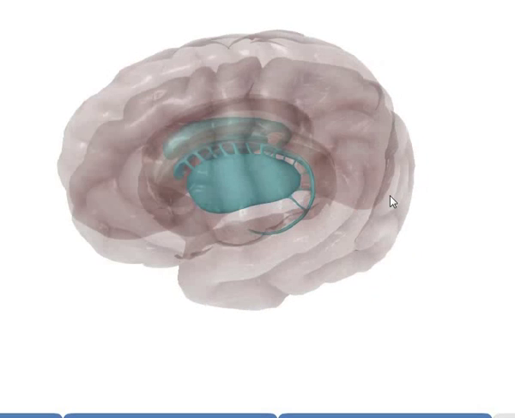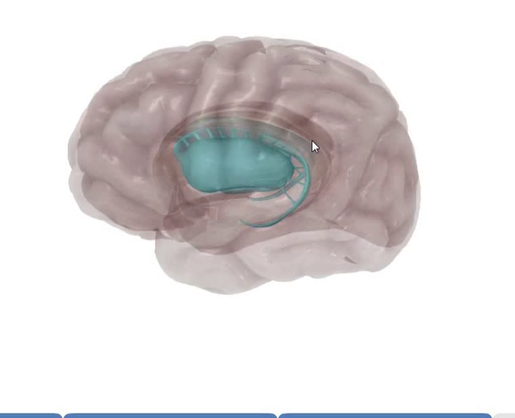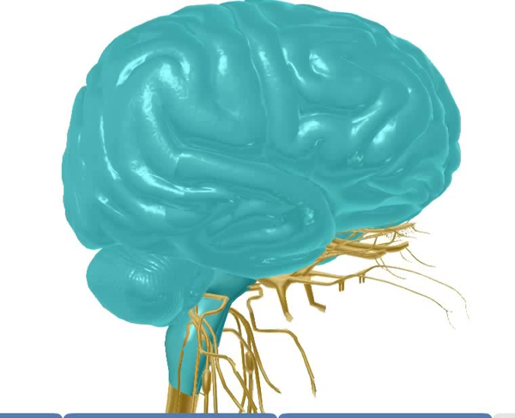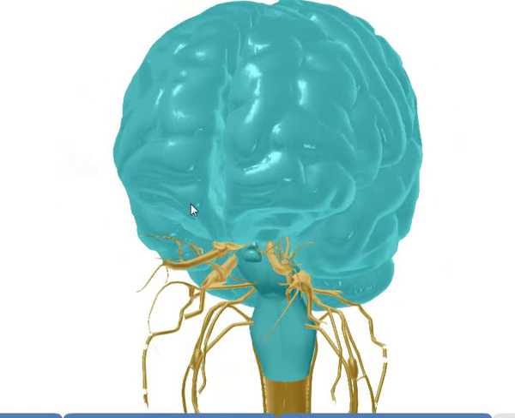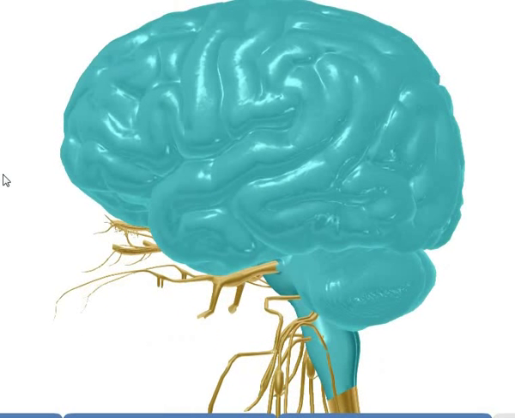Okay, let's try this again. I should keep it oriented the same, so let me see if I can turn this around. Otherwise, I'm going to confuse you between rostral and caudal. So rostral or anterior, caudal, posterior.